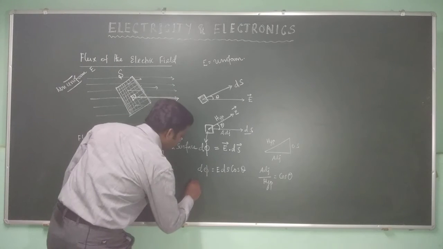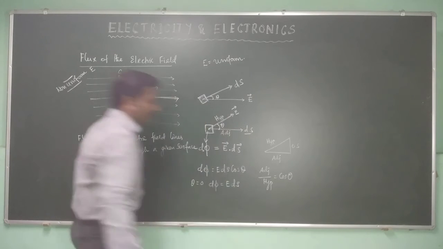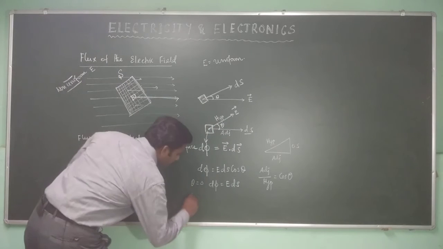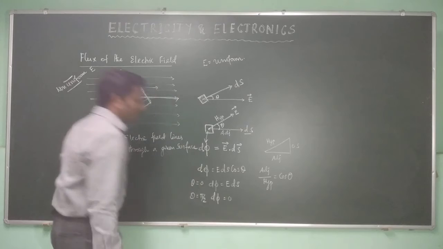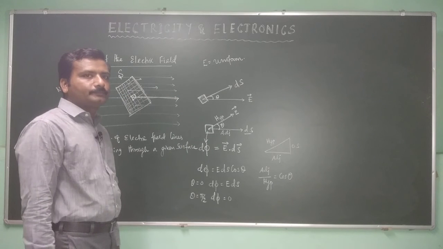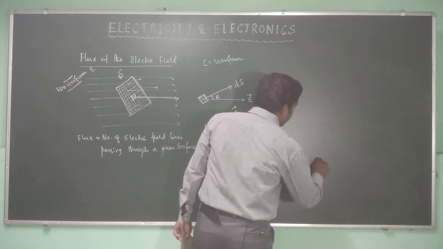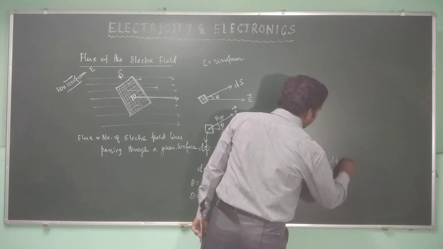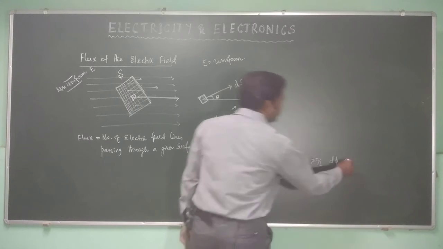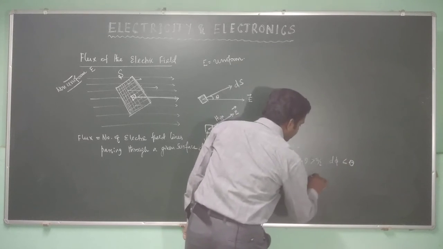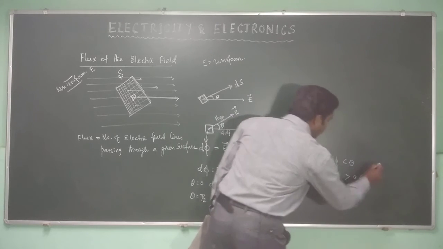Now if theta equals 0, d phi becomes E ds. Suppose theta equals pi by 2, what will happen? d phi becomes 0. And if theta is greater than pi by 2, d phi becomes less than 0. If theta is less than pi by 2, d phi is greater than 0, but less than 1.